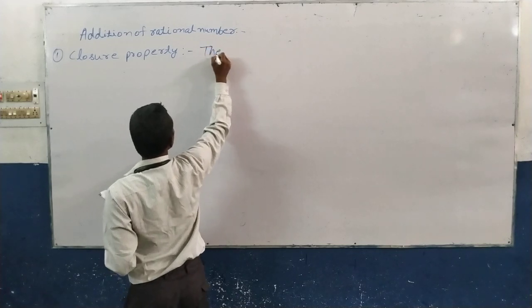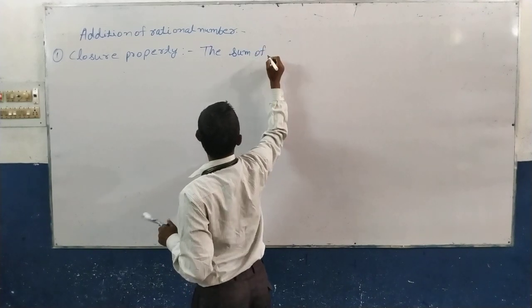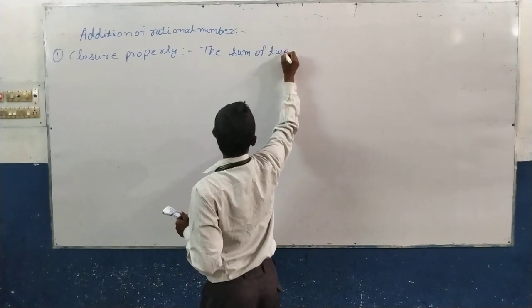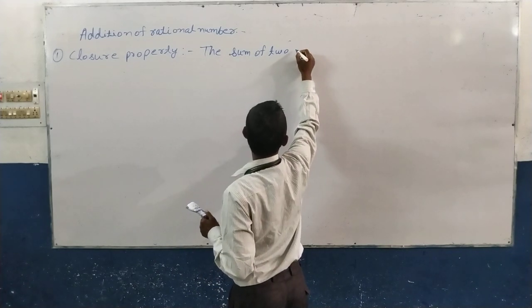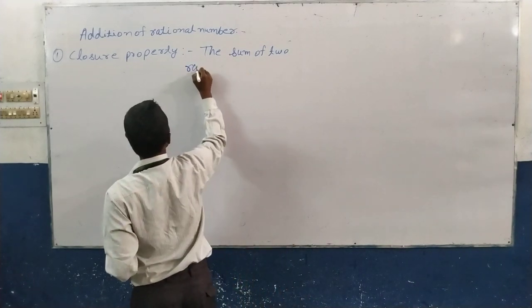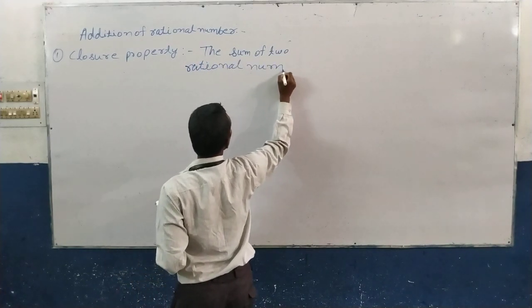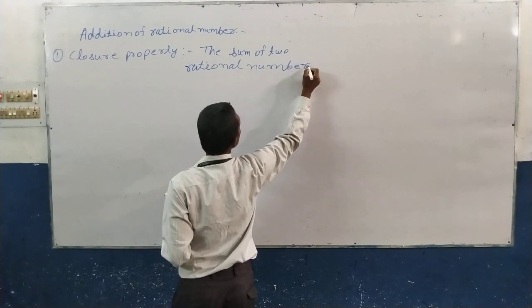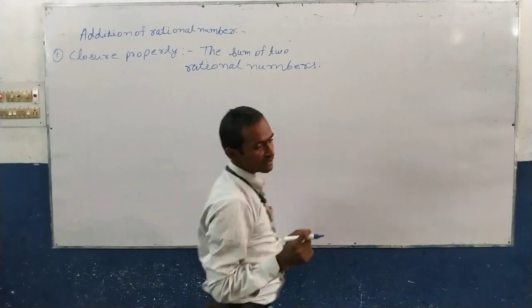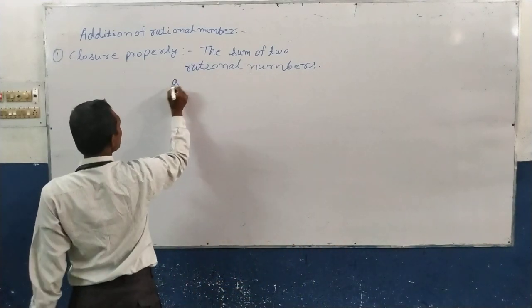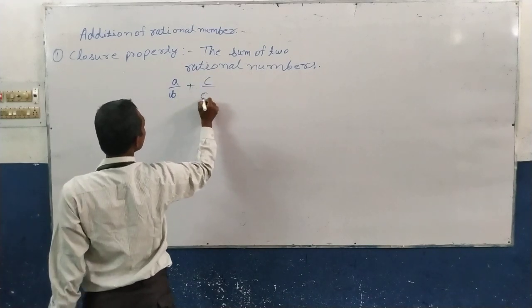The sum of two rational numbers, just like the sum of two rational numbers a by b plus c by d.